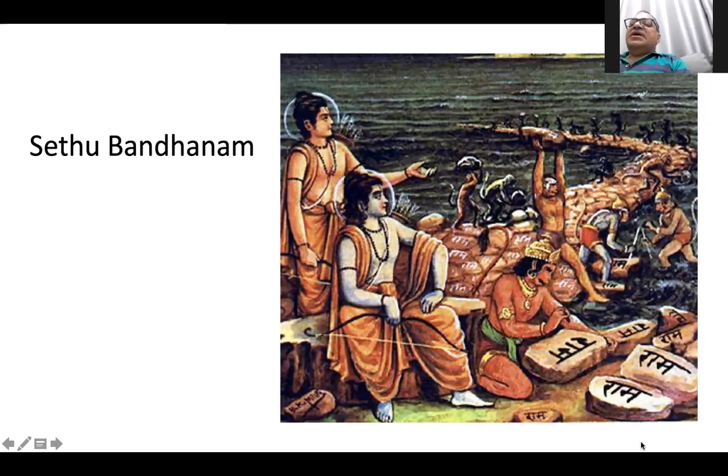Just imagine, how was it possible millions of years before, or thousands of years before, whatever time period you put it, at least not 100 or 10 years, it is more than so many years, how it could be built without any modern technology, just by rocks, certain kinds of rocks which were very peculiar, lightweight, which don't sink, they just float over the ocean waters.